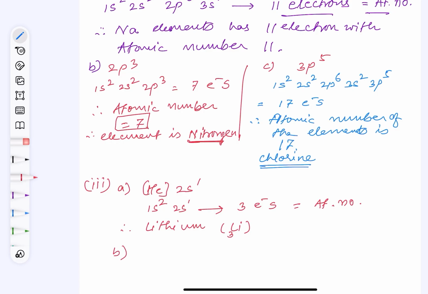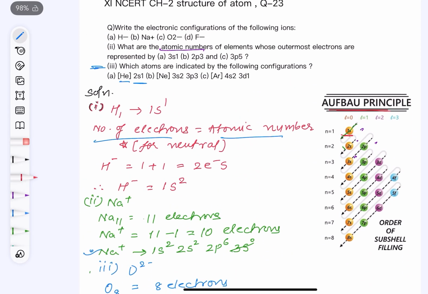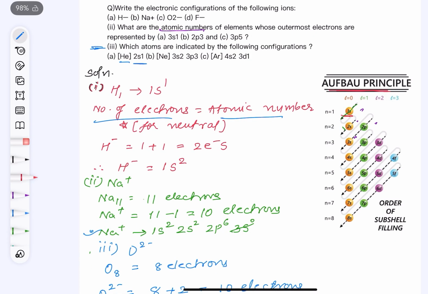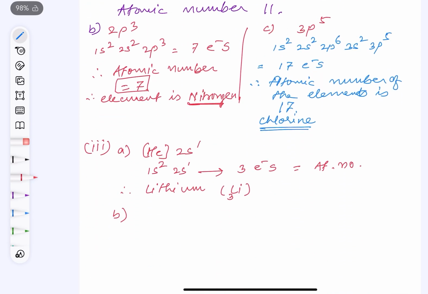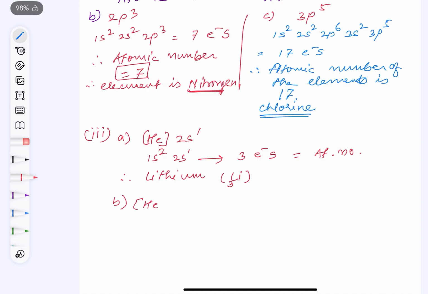Now for the other one, you are having the configuration as 3s2 and 3p3, with neon. 3s2 3p3, with neon. Okay, now you know that neon has a stable configuration with 10 electrons, which can be written as 1s2 2s2 and 2p6. So we will take the total number of electrons here.